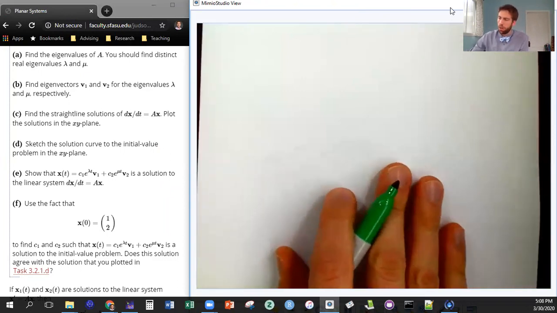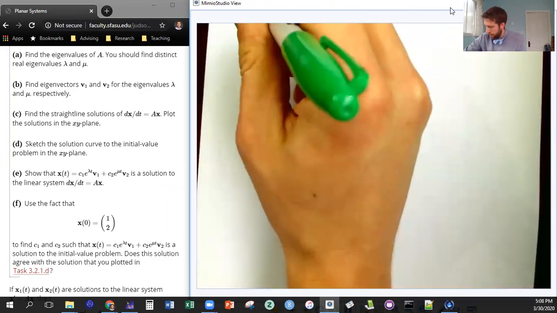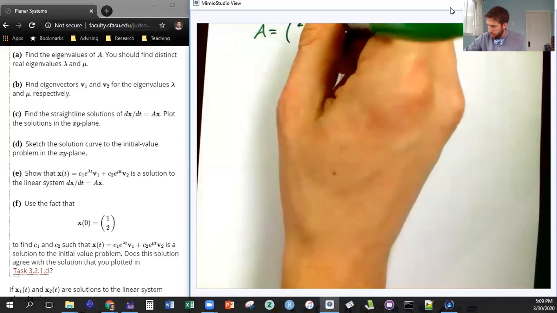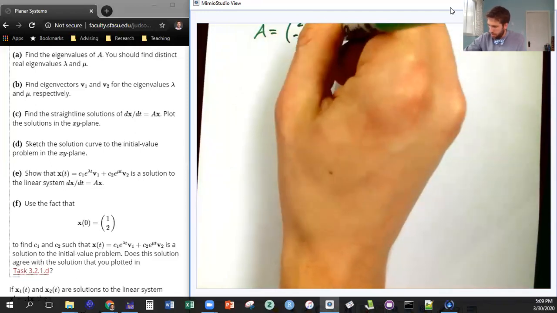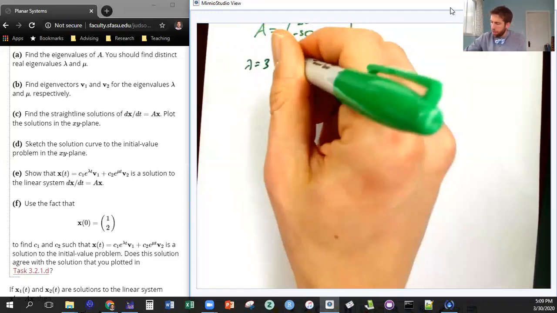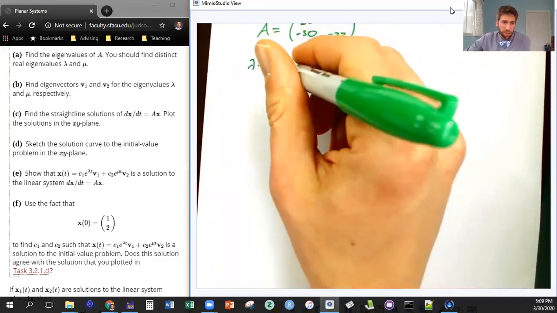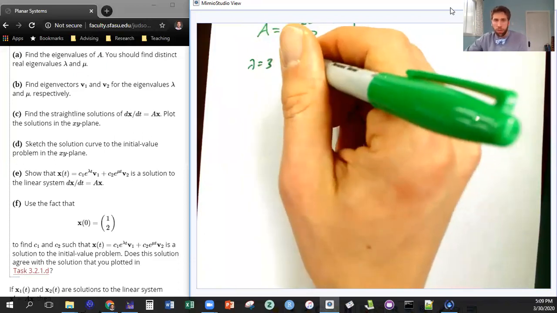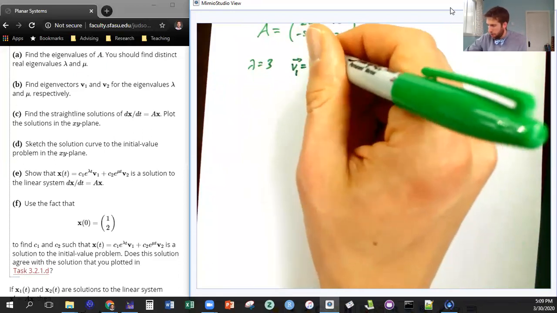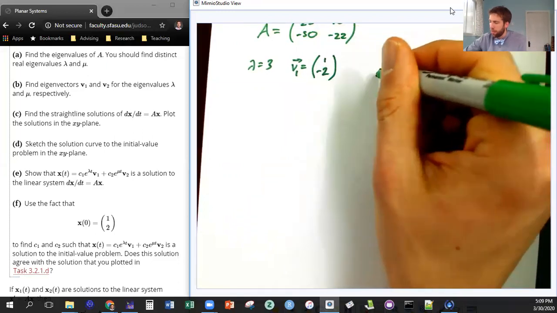Okay, so recall that A equals 23, 10, -15, -22. We found lambda equals 3, corresponding to V1, call it V1, the same as the book, being the vector 1, -2. And we'll call our second eigenvalue mu, kind of like they do.